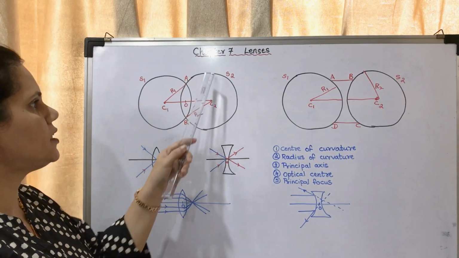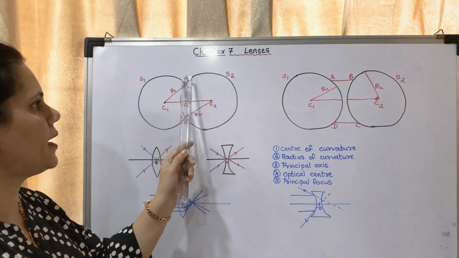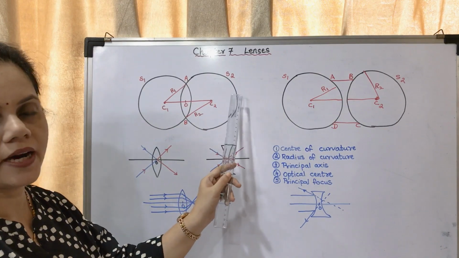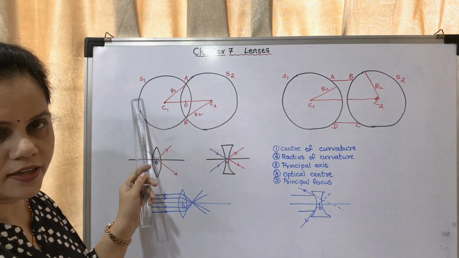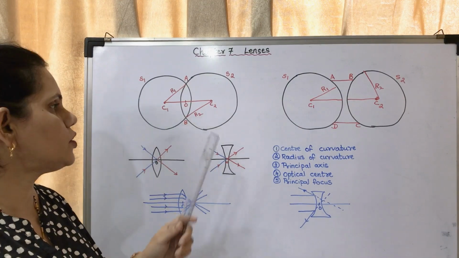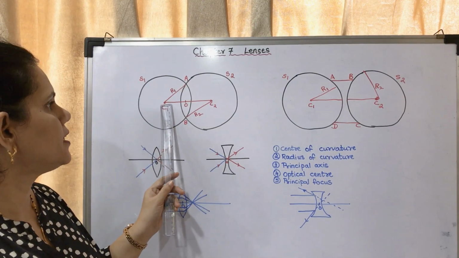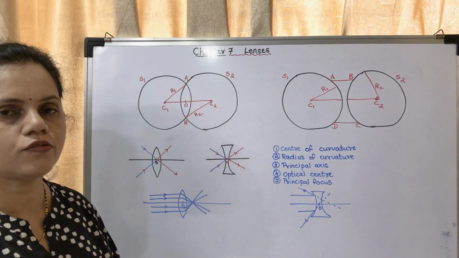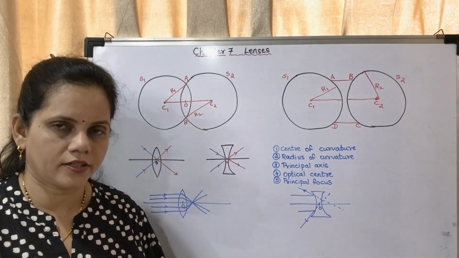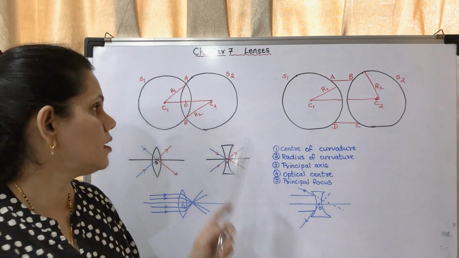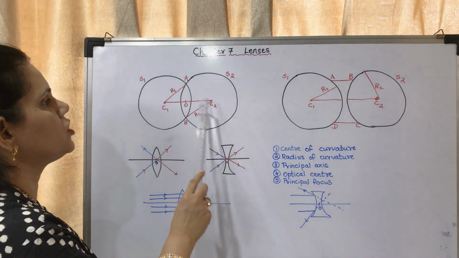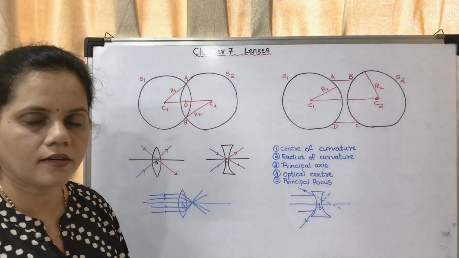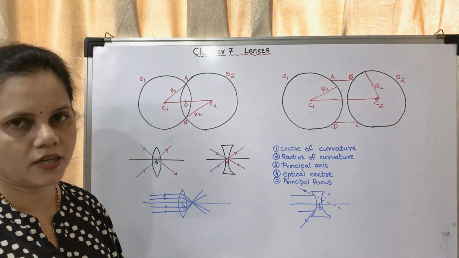If you cut a part of each and combine them, this surface will be part of this sphere and this surface will be part of the other sphere. If you combine those two surfaces, then the center of the sphere of which the lens is a part is called the center of curvature.